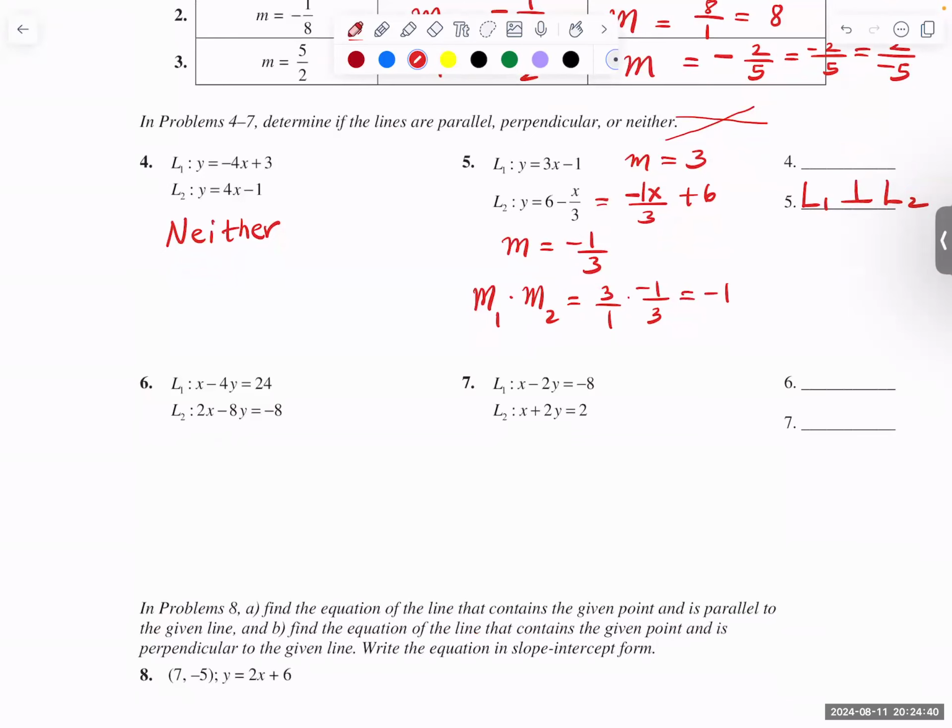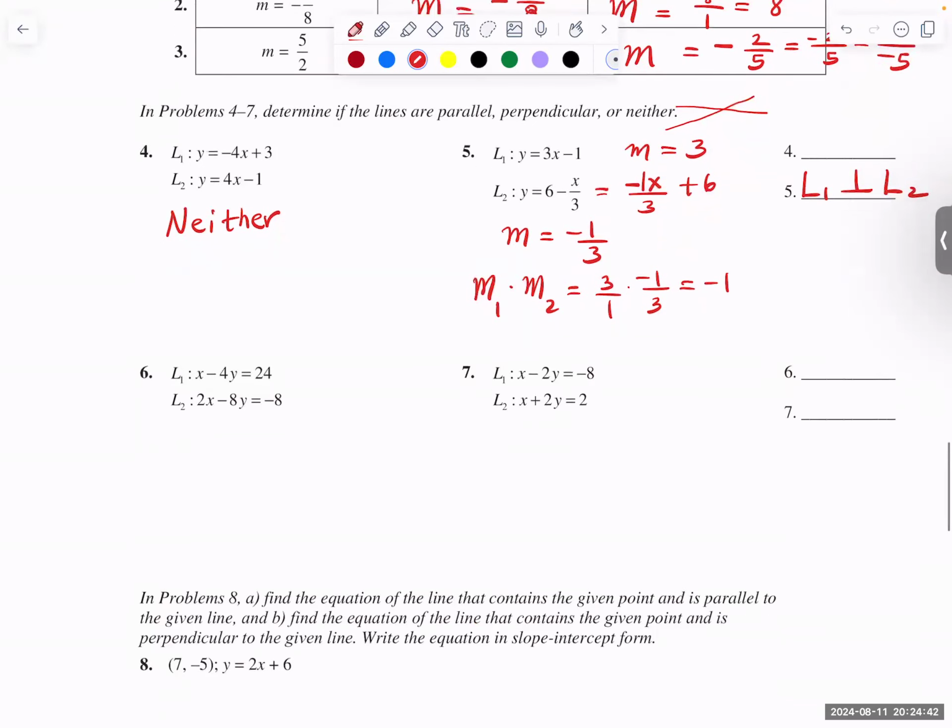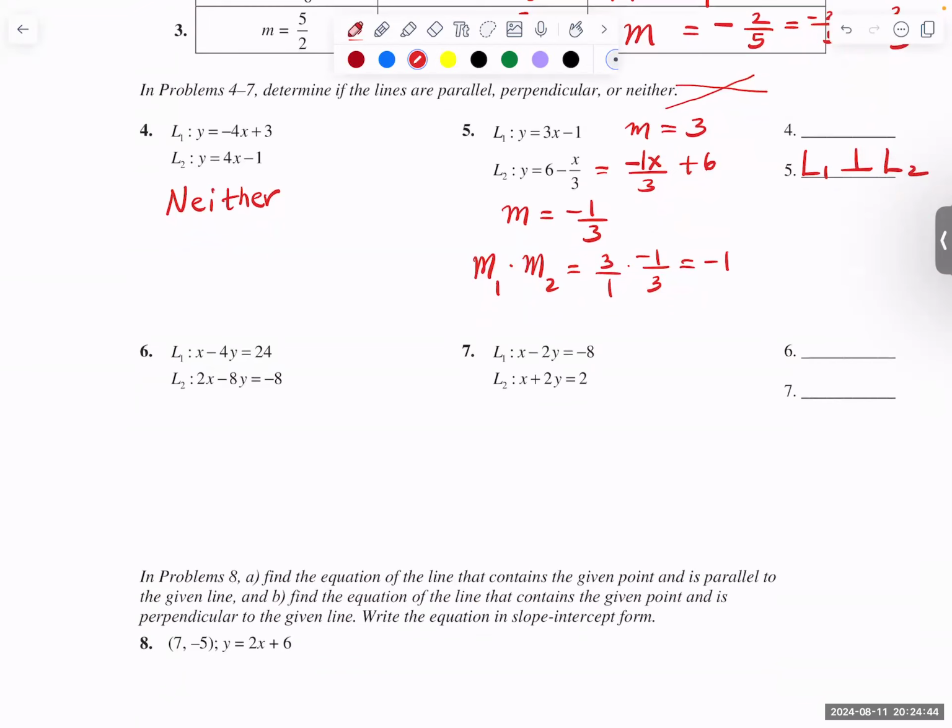Number 6. Now we first have to solve for y to get slope-intercept form to determine the slope. So for line 1, let's solve for y. Let's subtract x from both sides. So x becomes negative x on the right side plus 24.